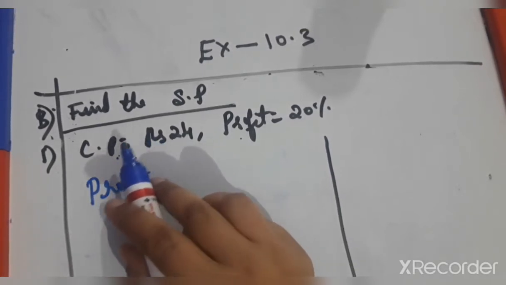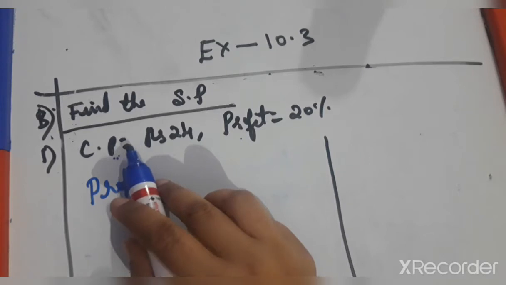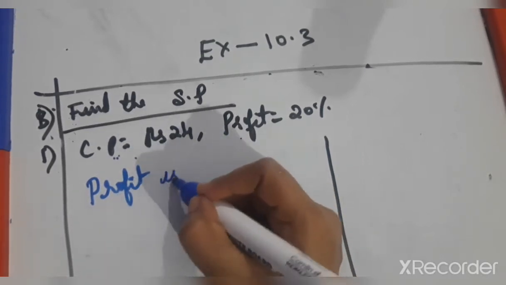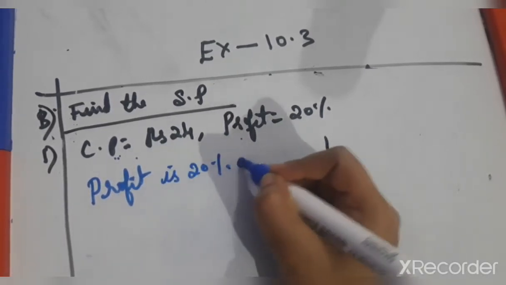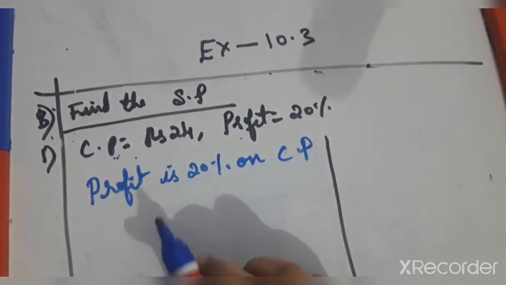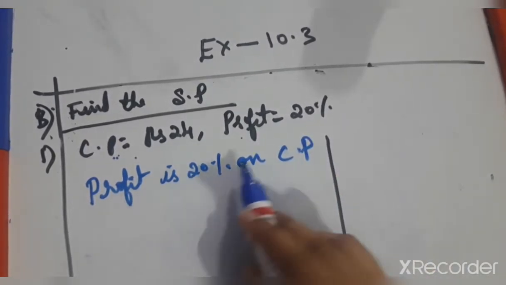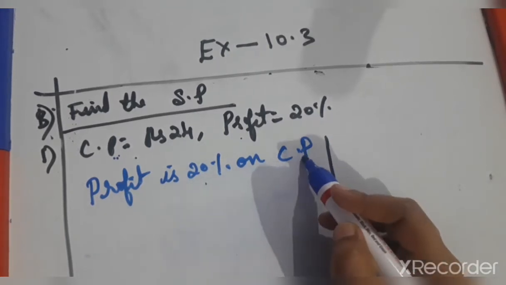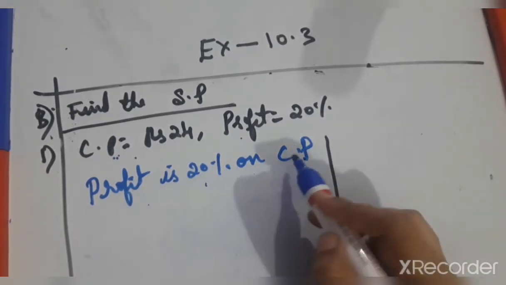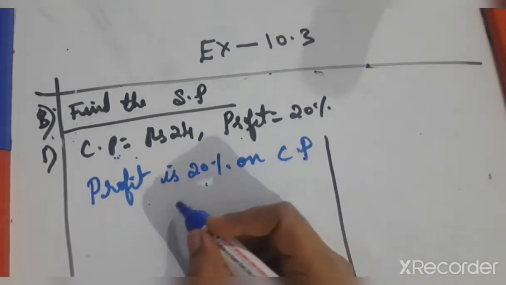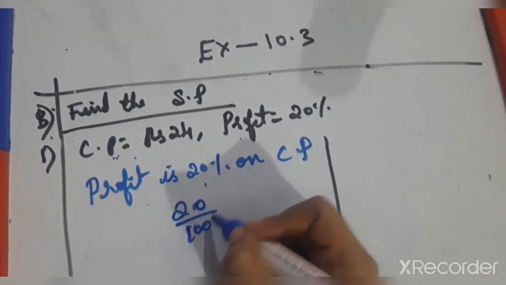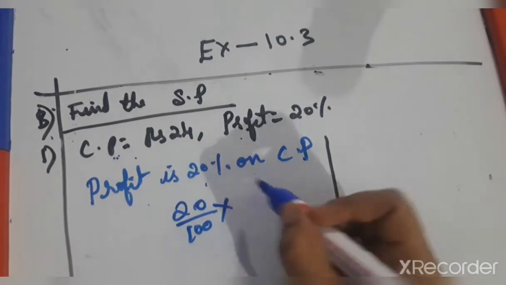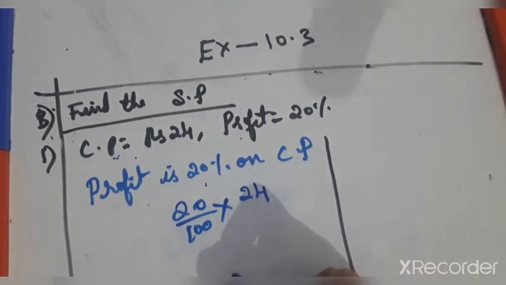Profit by CP into 100. So here profit is 20% on CP. Always we have to calculate profit or loss on cost price. So what is the 20%? 20 by 100 into 24.